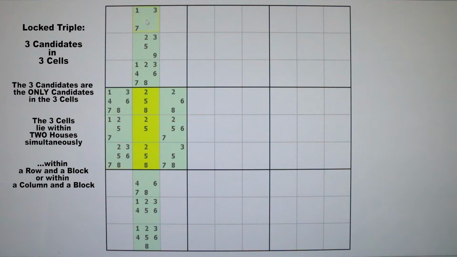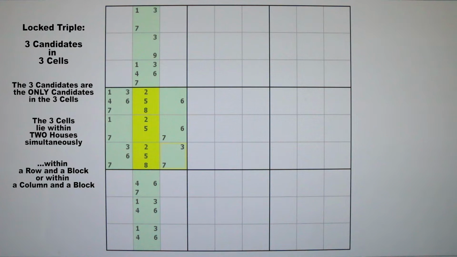So we can eliminate this 5, the 2 and the 5, the 2 and the 8. Down here we can eliminate the 8, the 2, the 5, and the 2, 5, and 8. Now in the block, we can eliminate the 8, the 5, and the 2, the 2, the 5, and the 8, the 2 and the 8, the 2 and the 5, and the 5 and the 8.